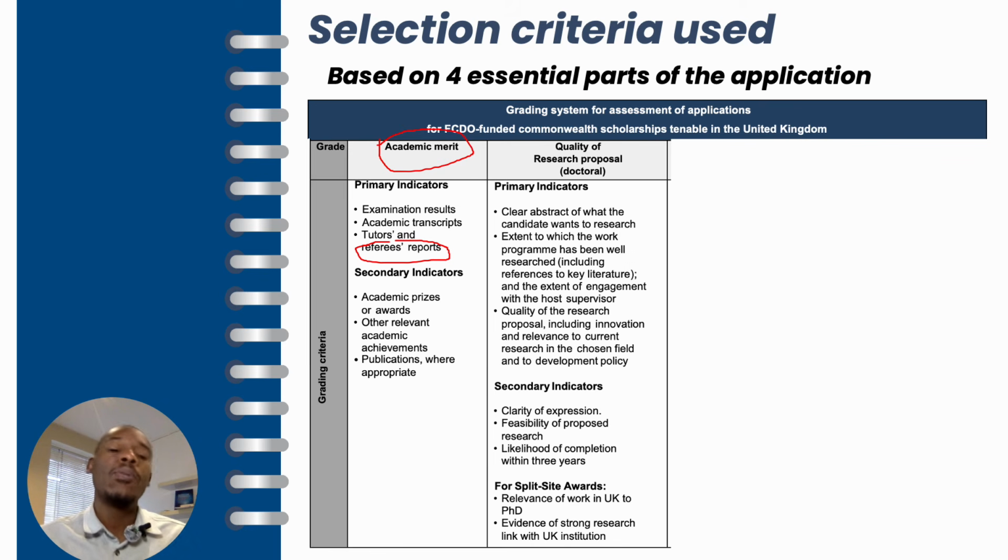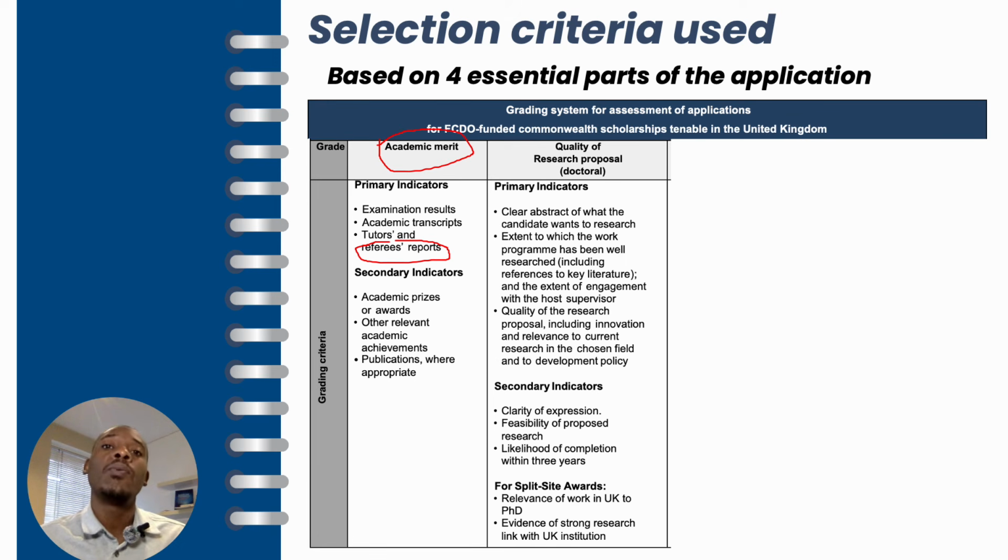And also they are going to consider the likelihood of you completing within 3 years. So you shouldn't have a very complex research. Remember, the awards are only for a maximum of 3 years. Quite all right, some universities have PhDs that are for 4 years. Others would not require you to pay your school fees in your 4th year, like the university that I'm on. The actual study is for 3 years.